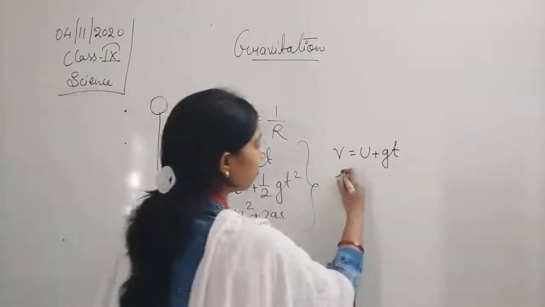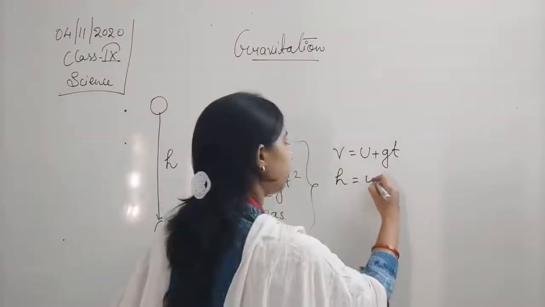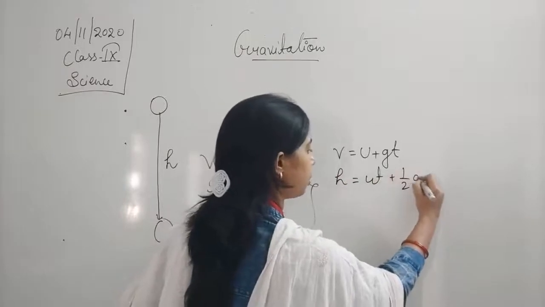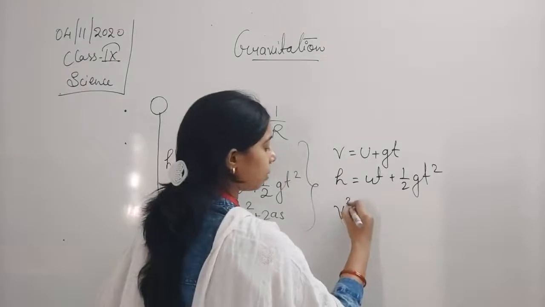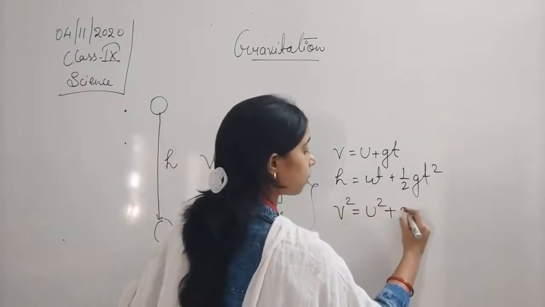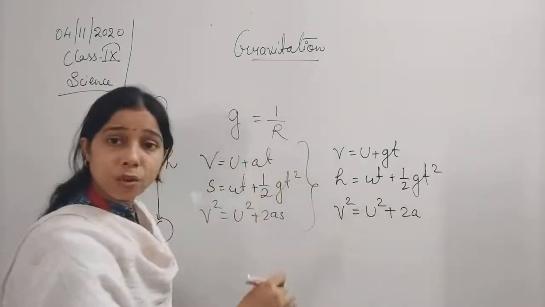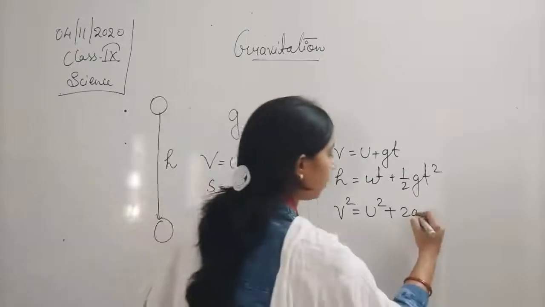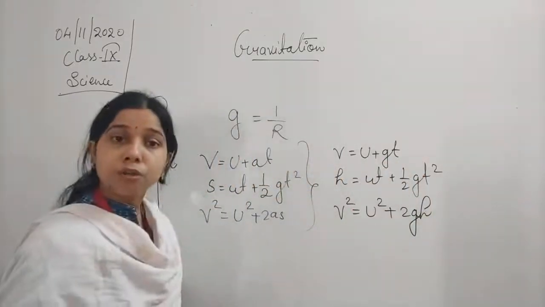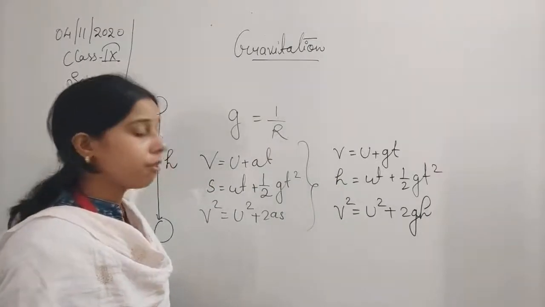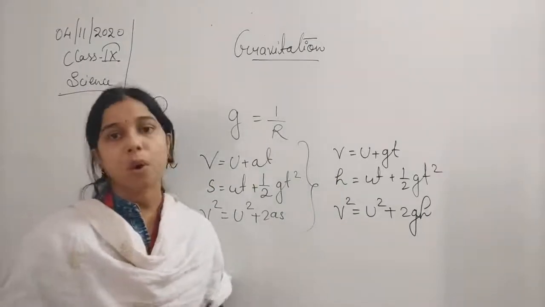In this formula, h is equal to ut plus half gt square. And in the last one, v square is equal to u square plus 2gh, instead of 2as. This is the equation of motion for a freely falling body.